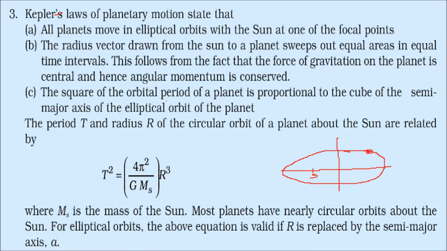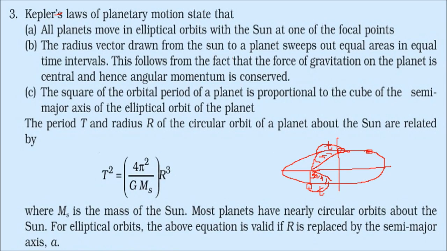The radius vector from the sun to the planet sweeps equal areas in equal time intervals. That means if it moves from this point to this point in time t, and from this point to this point in the same time t, this area will be equal to this area.